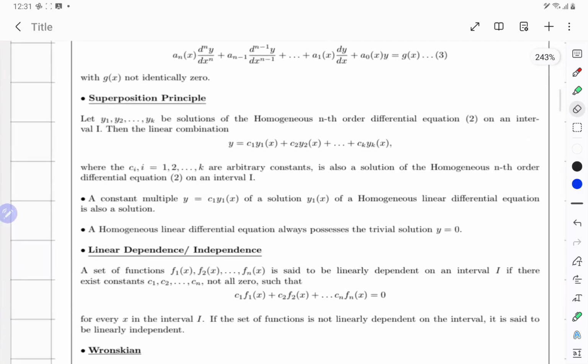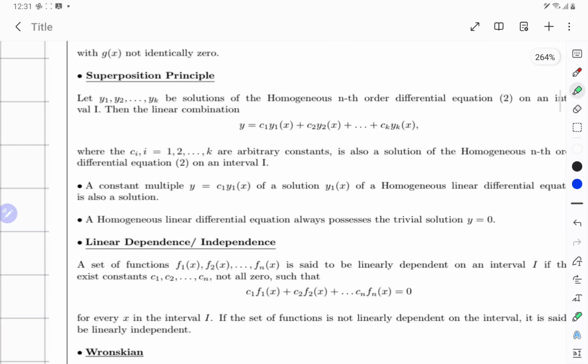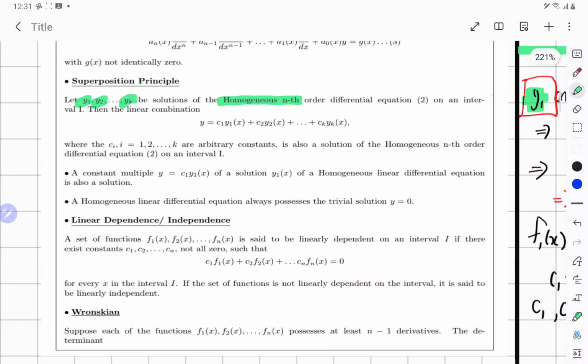So let's do the equivalent for an nth order homogeneous equation. If these, say up to k, are solutions of the nth order differential equation, then so will be the linear combination.